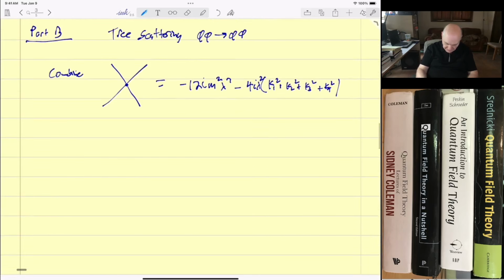Okay. Now we can rewrite this. First of all, I want to write in here minus 4i lambda squared, and I'm going to add an m squared 4 times: k1 squared plus m squared, plus k2 squared plus m squared, plus k3 squared plus m squared, plus k4 squared plus m squared.